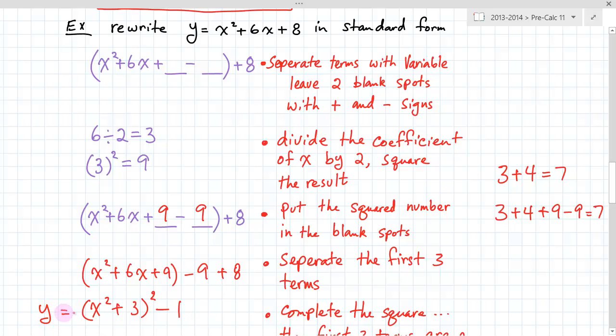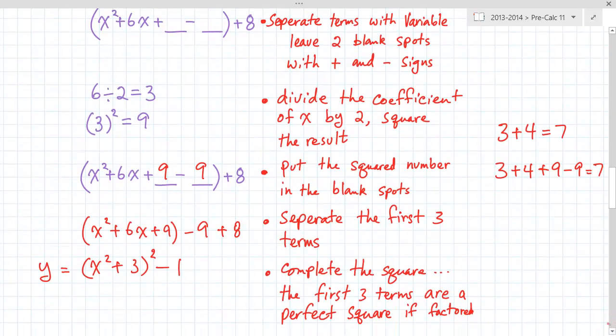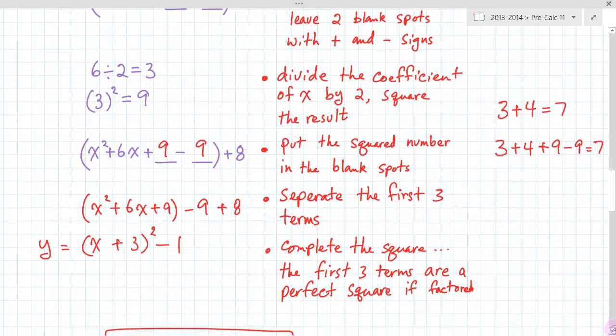Bingo. y is equal to (x plus 3) squared minus 1 is a completed square form.